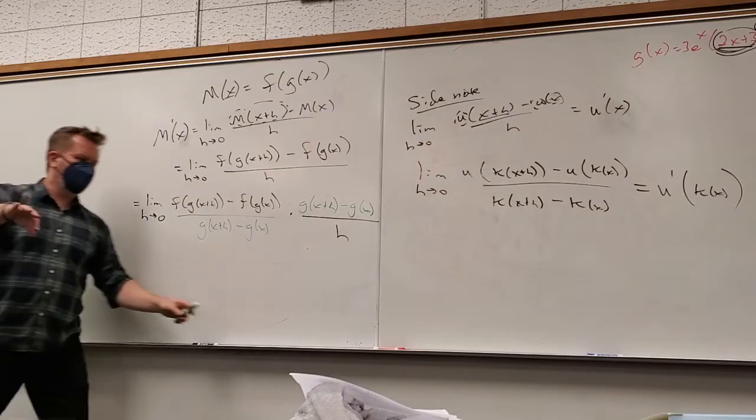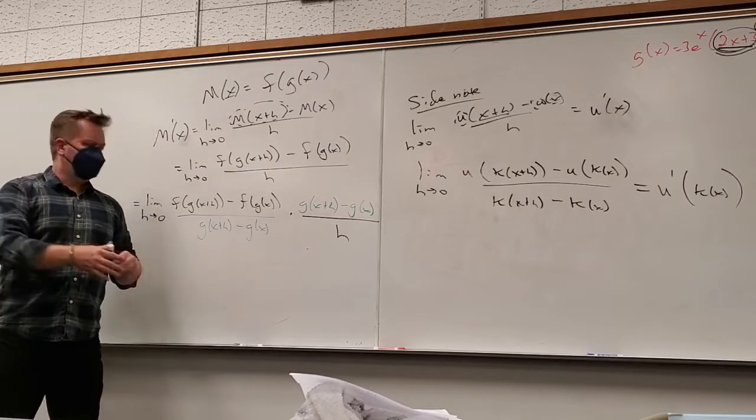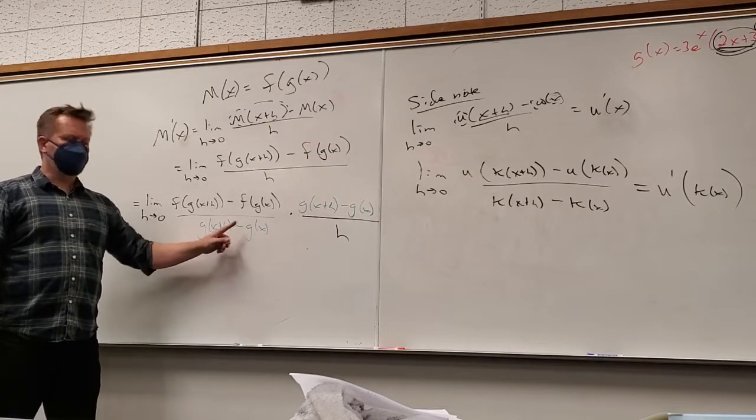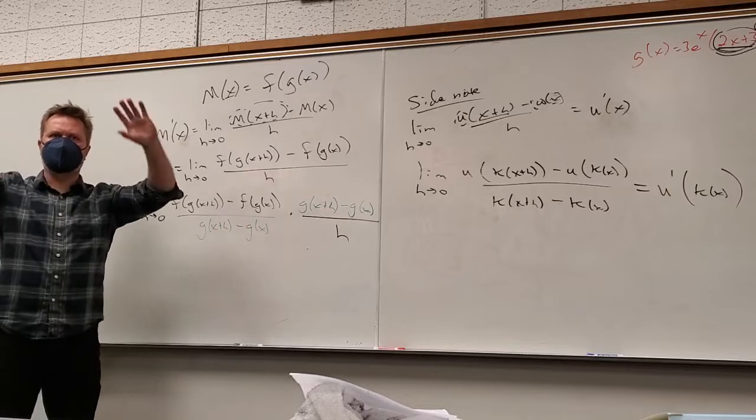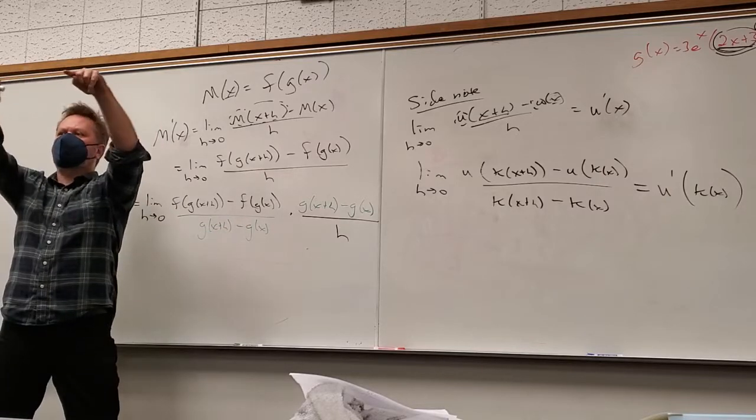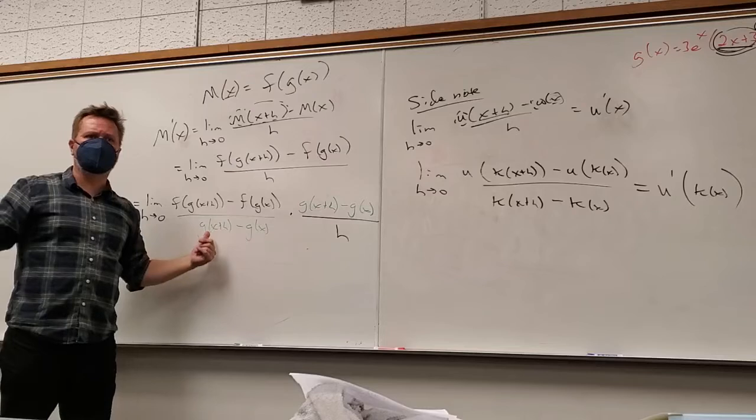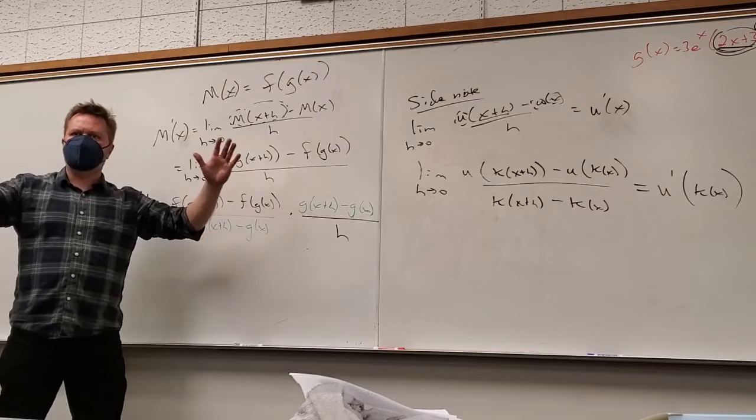The only time I cannot do that is if this equals this, and this is h away from that input. So unless it's a flat line, in which case I wouldn't even do this anyway, it works for everything else.